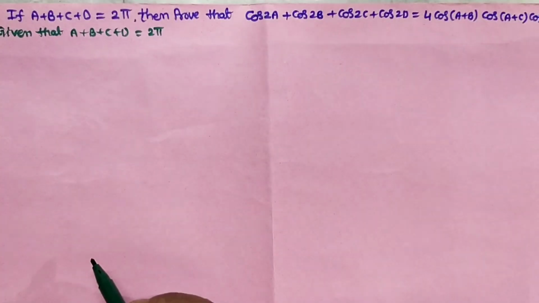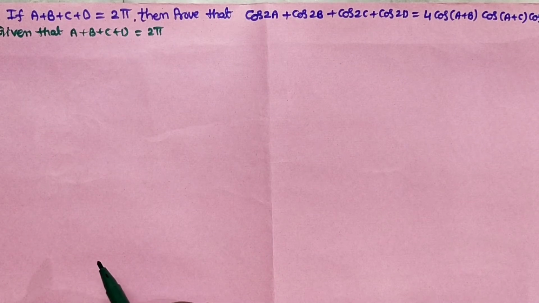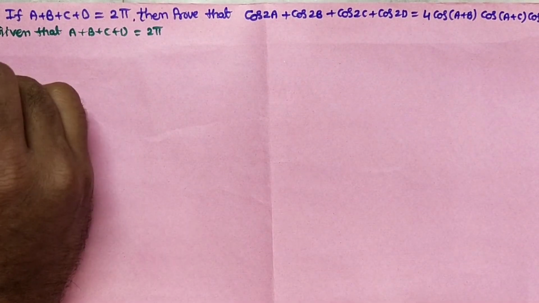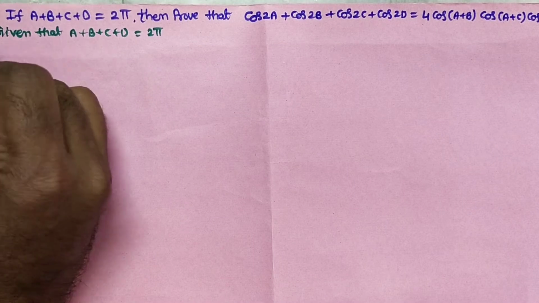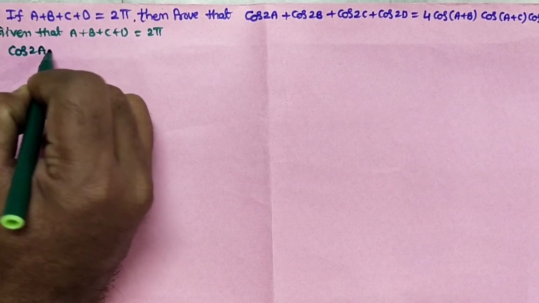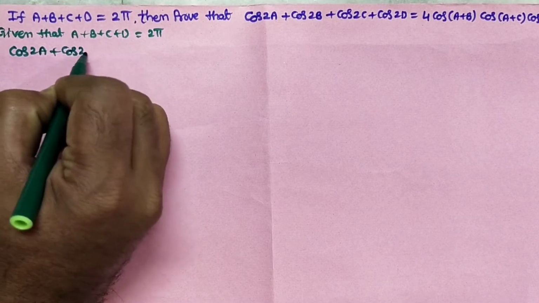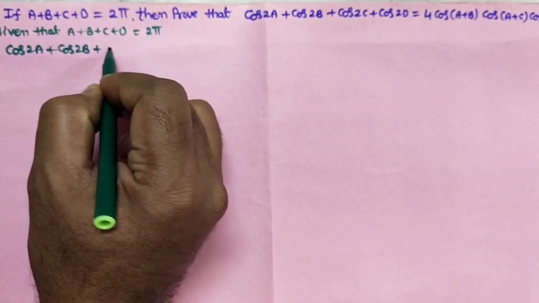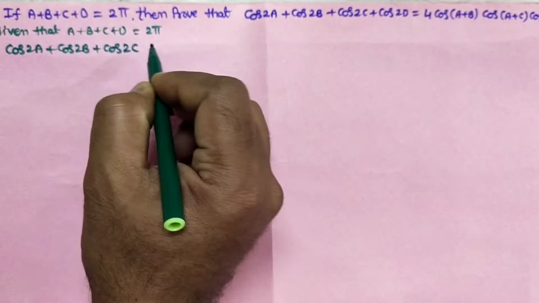After that, consider the LHS. What is the LHS here? The LHS value is cos 2a plus cos 2b plus cos 2c plus cos 2d.